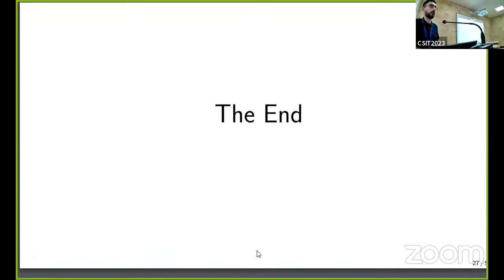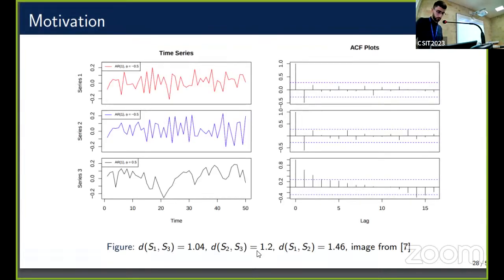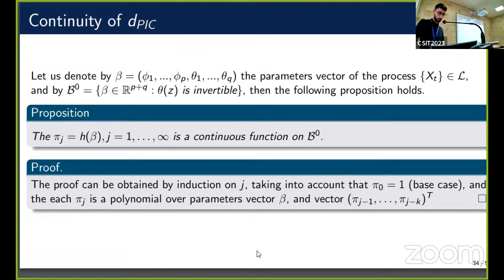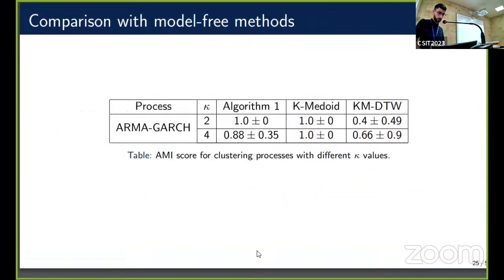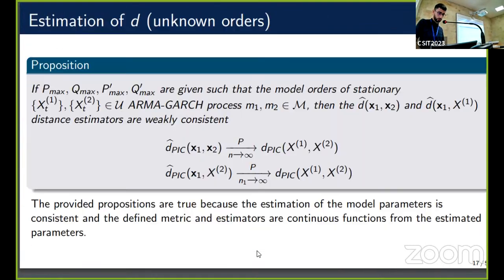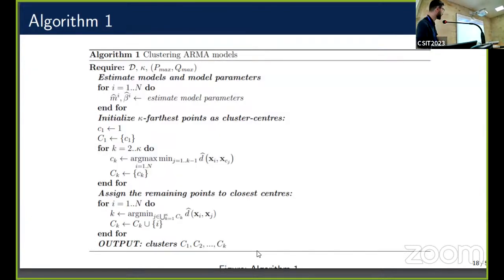Is it the distance function in the cluster or the distance between the central clusters? Let me show you. In the first step, when we estimate models and parameters, starting from here, we initialize cluster centers.